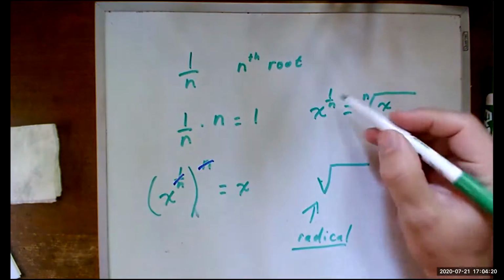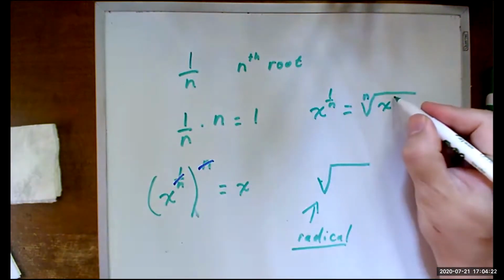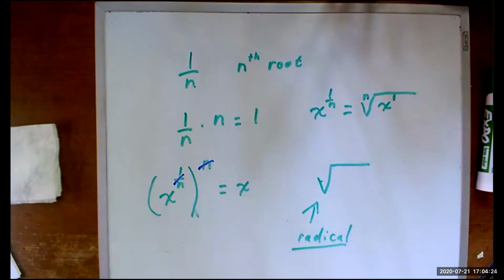And the x goes there, and then whatever number is on the top part of the fraction remains the power on the base. Then we'll go through a bunch of examples with this in a whole bunch of different forms, and then I'll show you what we can do in terms of working problems with it.